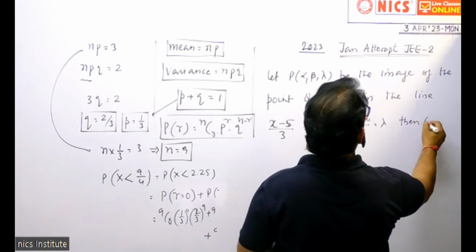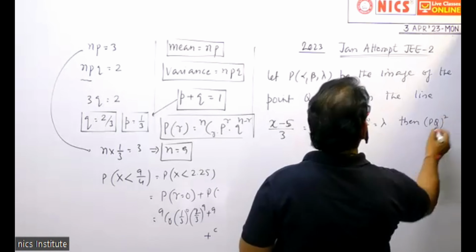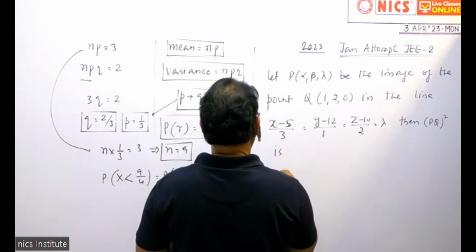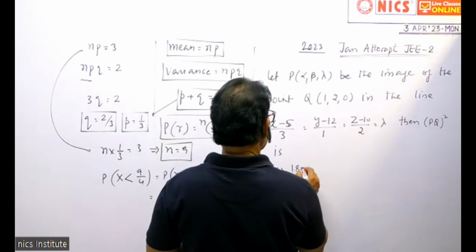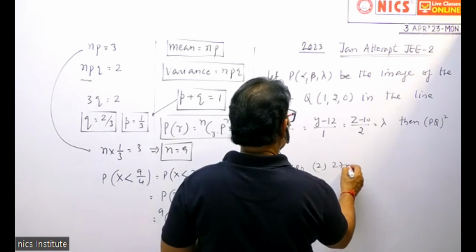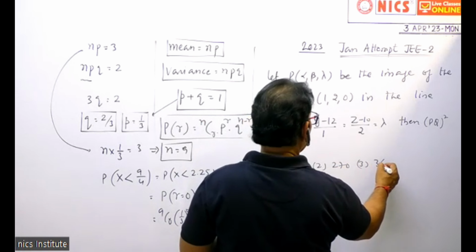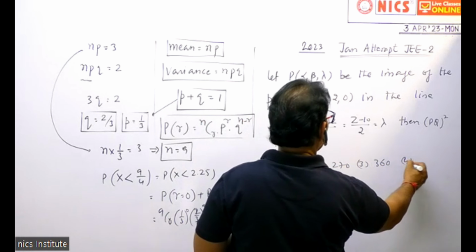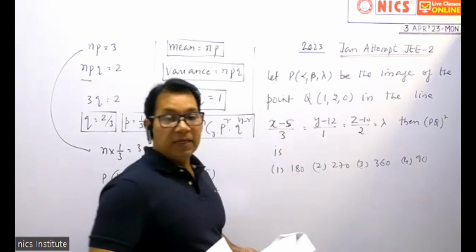Then PQ squared is, options are 180, 270, 360, and 90. Easy question.